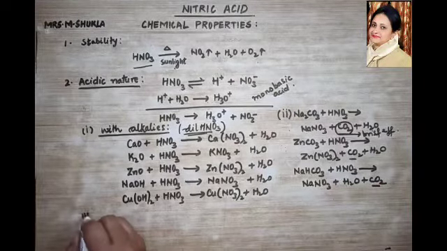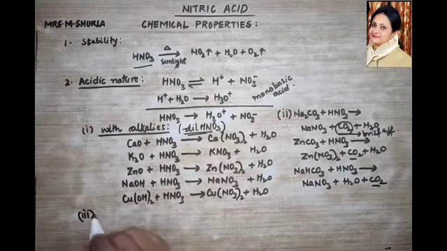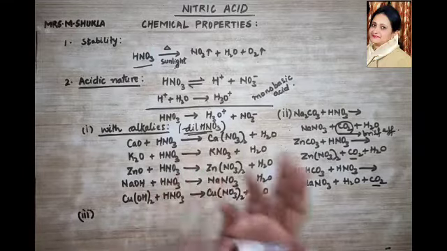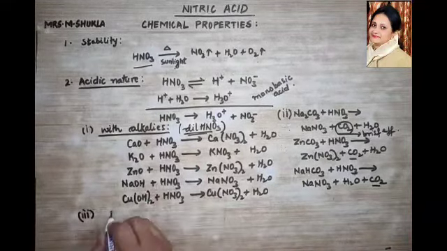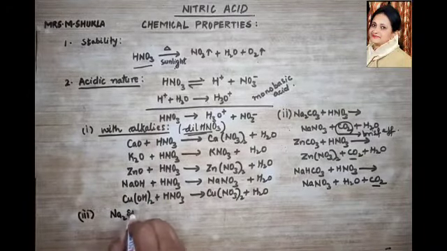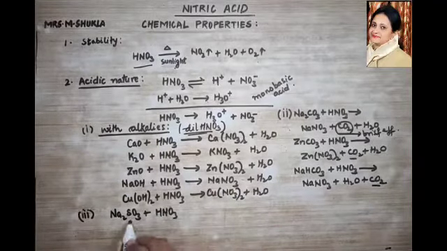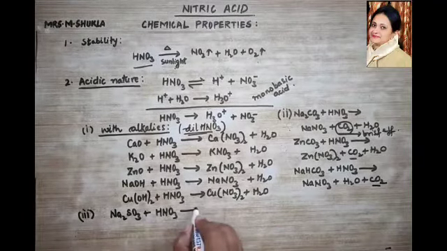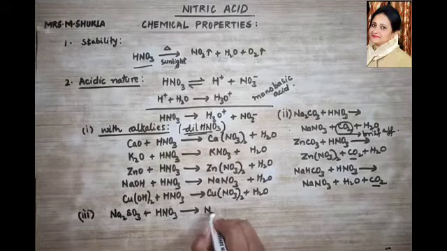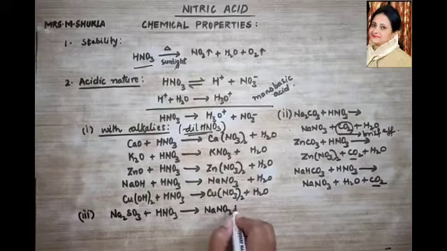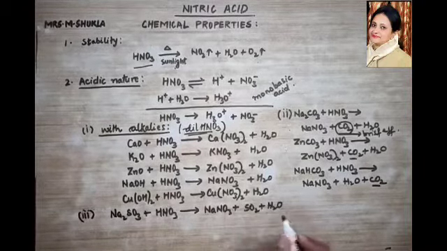Okay, we next come to the third acidic property of nitric acid, that is, the action with the metallic sulfites and bisulfites. So let's take a few examples like Na2SO3 plus HNO3. Now always remember, these sulfites give out sulfur dioxide gas. So here it is going to form NaNO3 plus SO2 plus H2O, right?